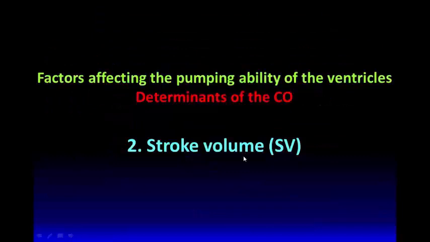So we have finished with the influence of the heart rate on the cardiac output in detail, and now we will describe how stroke volume influences the cardiac output and what are the factors which determine and regulate the stroke volume itself.